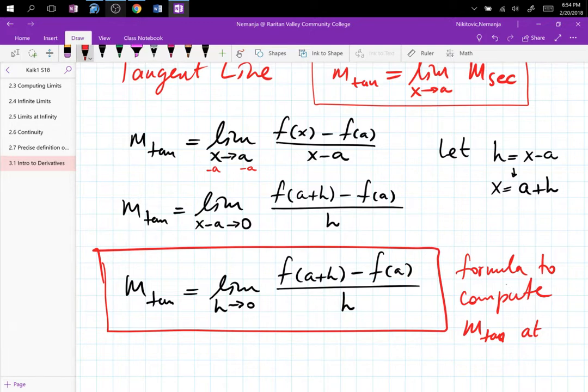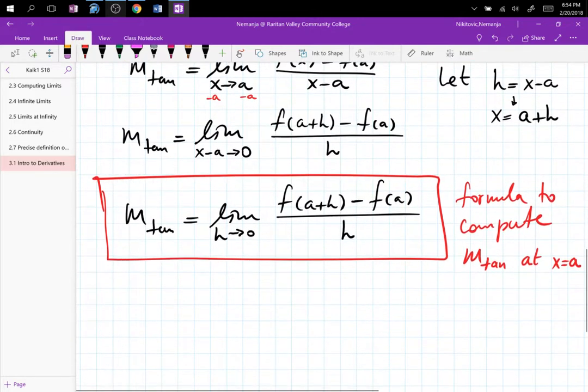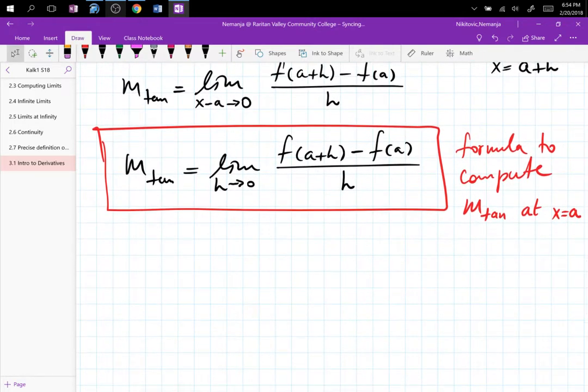Much better. So m tangent at x equals a. That x equals a, that's very important there. Great. Let's do it.